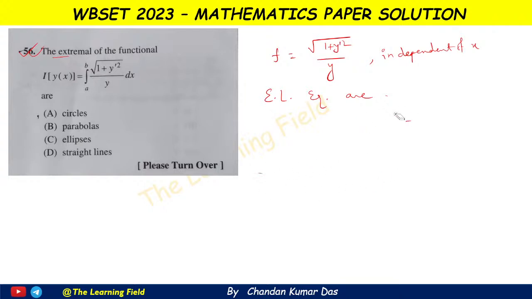So if independent of x, then this gives f minus y dash into del f del y dash, this is equal to constant.